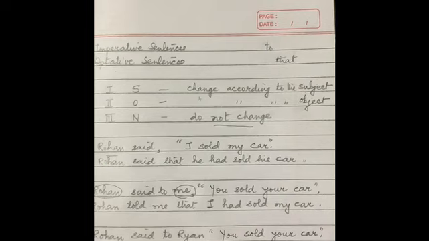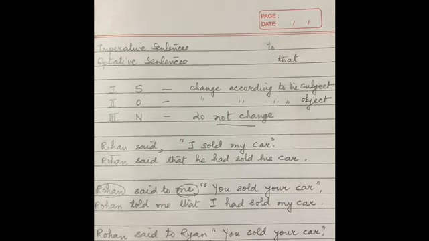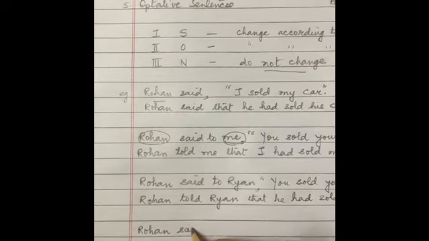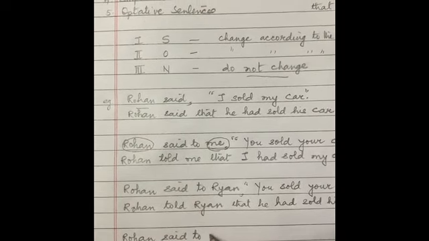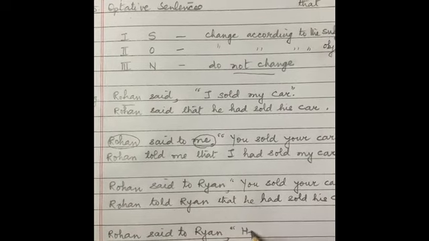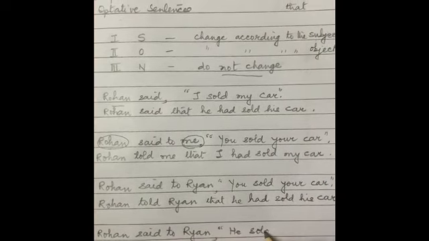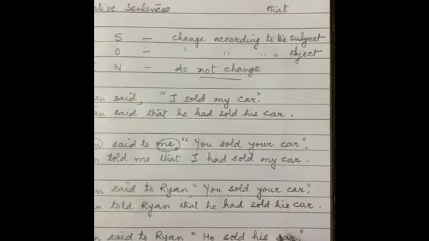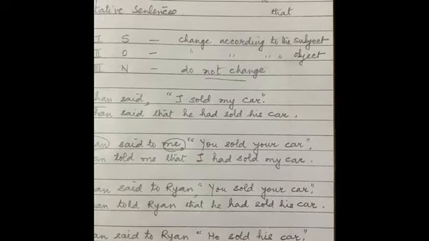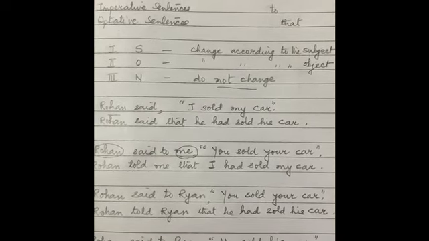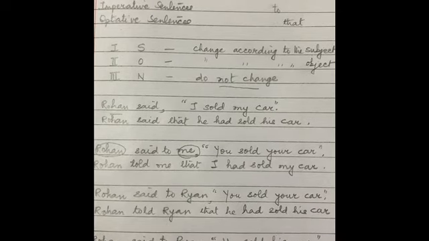Now let us take the example of the third person. Rohan said to Rian, "He sold his car." So now here he is telling about somebody else. Neither it is Rohan nor it is Rian.